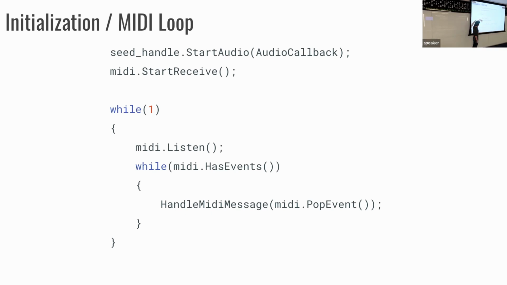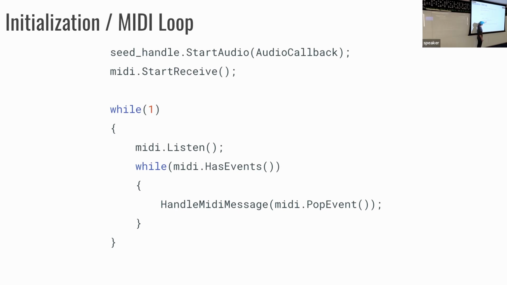We pass in our audio callback, saying, audio hardware, call this function whenever you need more audio. This MIDI start receive is a libDaisy call that will initialize the UART driver and multiplex the GPIOs. And then for the rest of the time, we just see if our buffer was written to by an interrupt in the meantime.